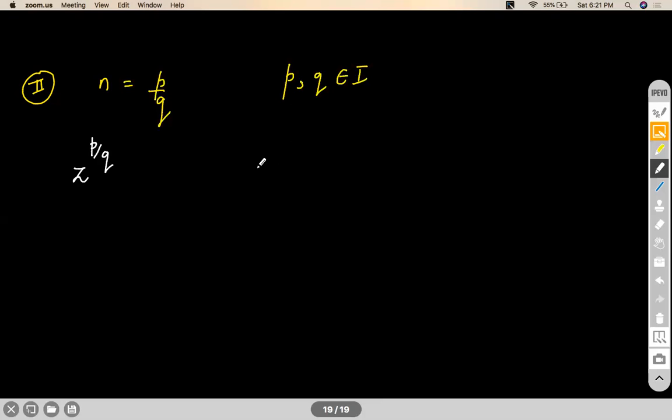Yes, any response? If I raise any complex number to the power of p by q, how many answers should come out from here? In the previous case, we only got one answer, right? In this case, does anybody know how many answers will come out from this? Okay, now I think you'll know it in a better way if I write it like this.